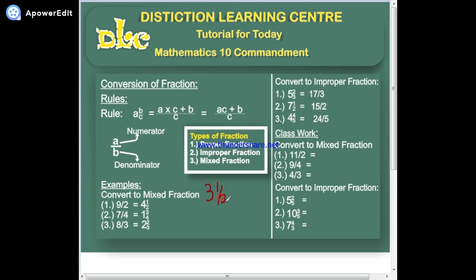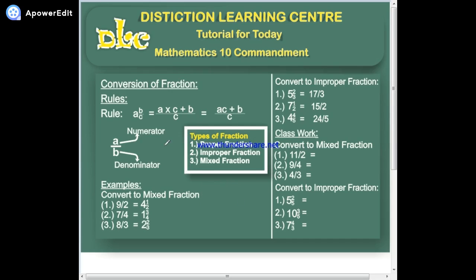In this example, the 3 is a whole number, and the 1/2 is a fraction. Since they are combined together, we call it a mixed fraction. Wherever you see an expression like this, it is a mixed fraction.